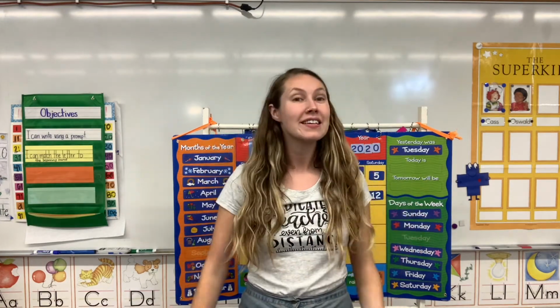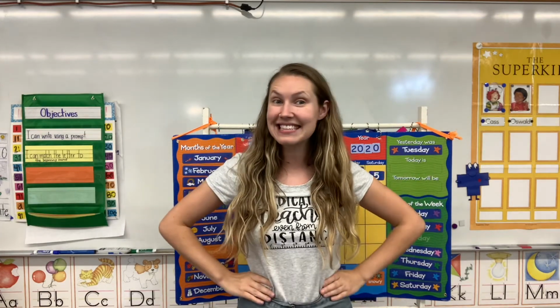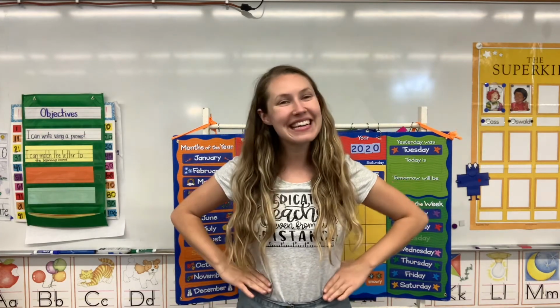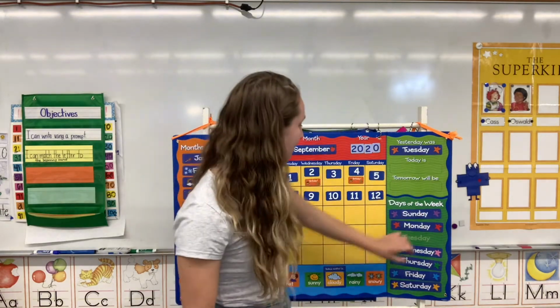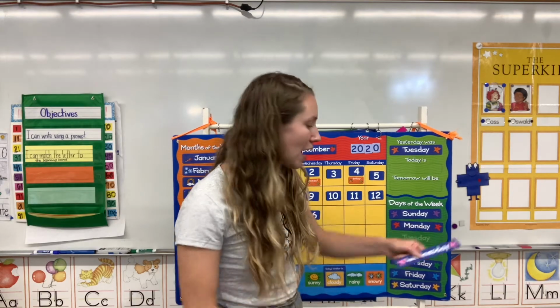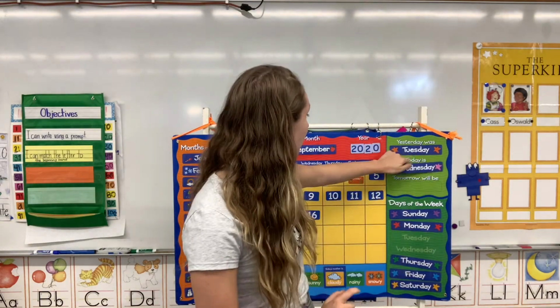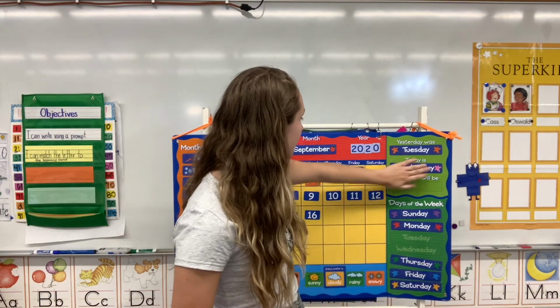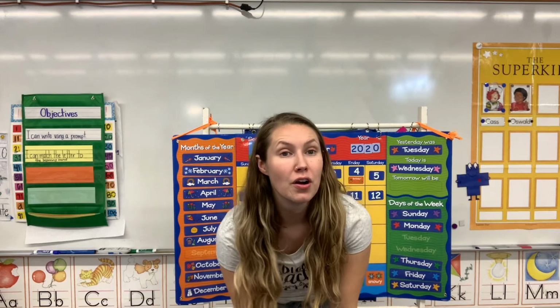So if yesterday was Tuesday, that means that today is Wednesday. So on your mat, you can circle Wednesday. I'm going to add it to ours by putting Wednesday under today is. Now if today is Wednesday, what does that mean tomorrow will be?